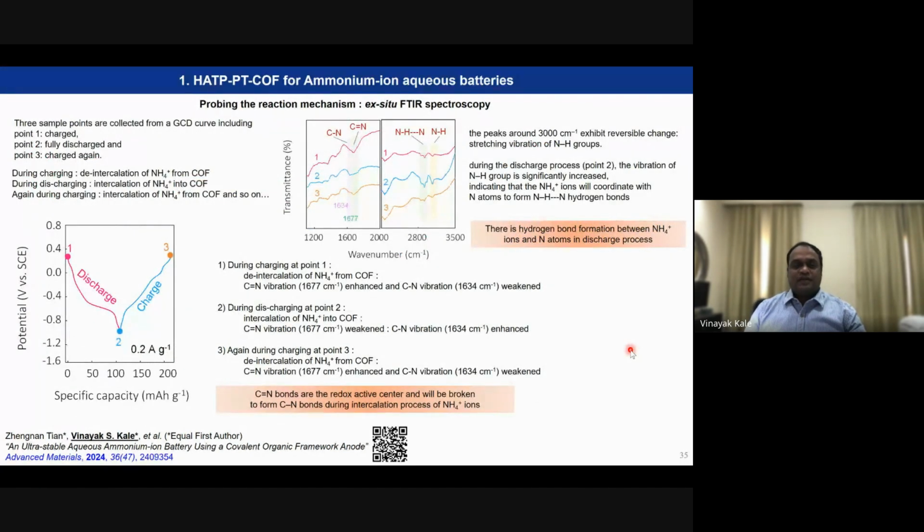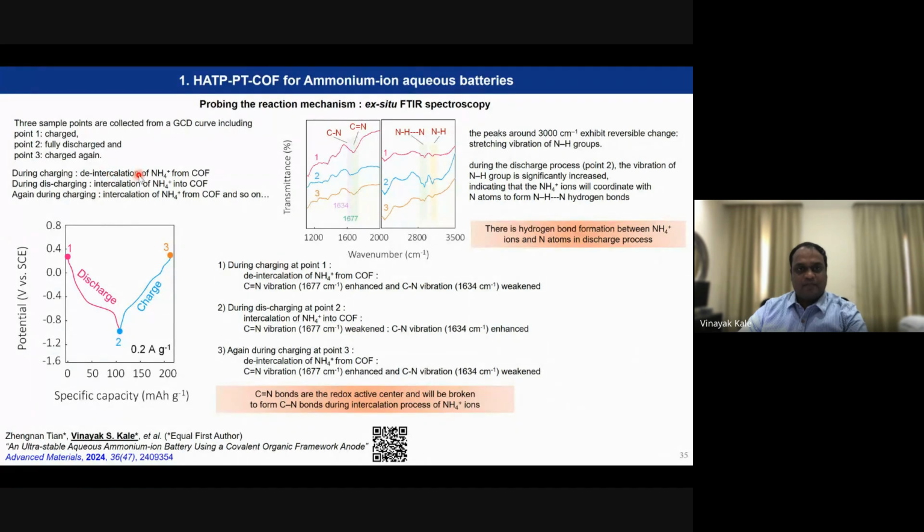Now it is very important to see how the reaction happens, or how the ammonium is interacting with the COF. So what we did is we took 3 points. Point one is the charged point, point two is the fully discharged point, and point three is the charged point again. So what happens during charging?